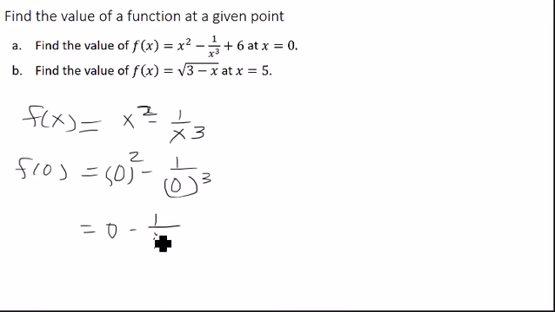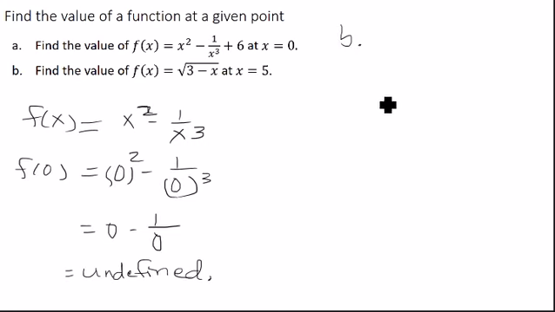But remember, 1 over 0 is not a number, it is undefined. So you have 0 minus undefined, which is of course undefined. So it's not a number, it's undefined. We don't know what it is.